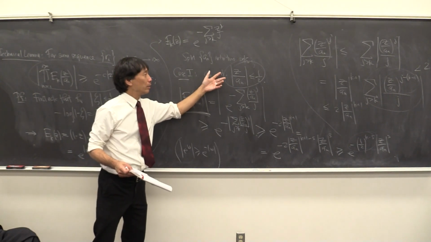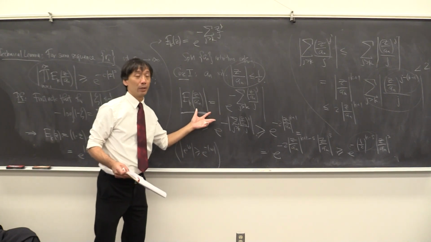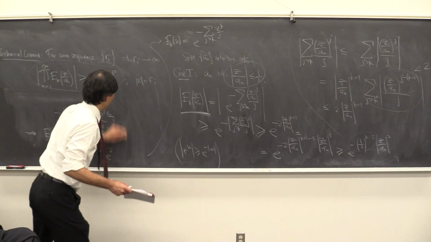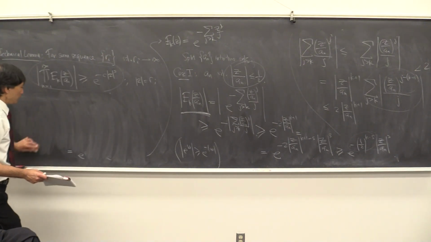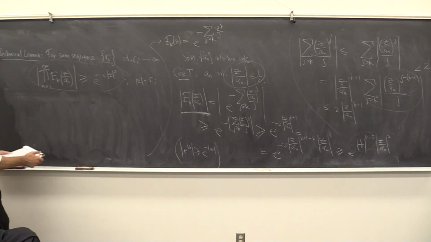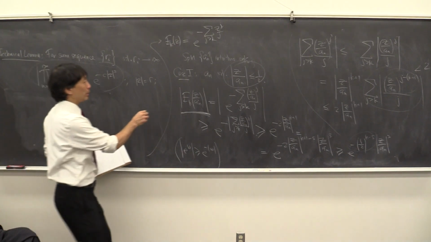Okay, so when the roots are big, we get this sort of bound. Okay, and now we say, well, let's see that we can control that product, right? So here's the bound we get, right?